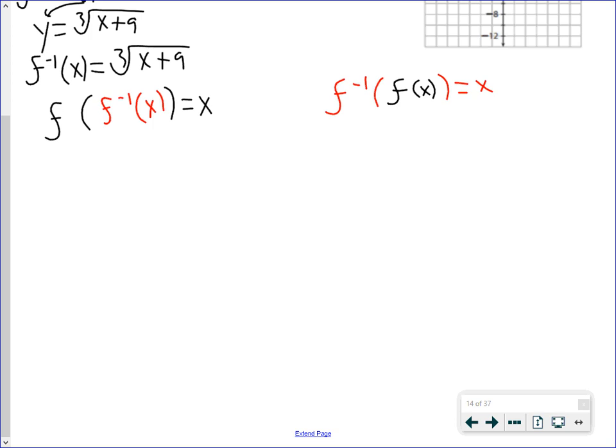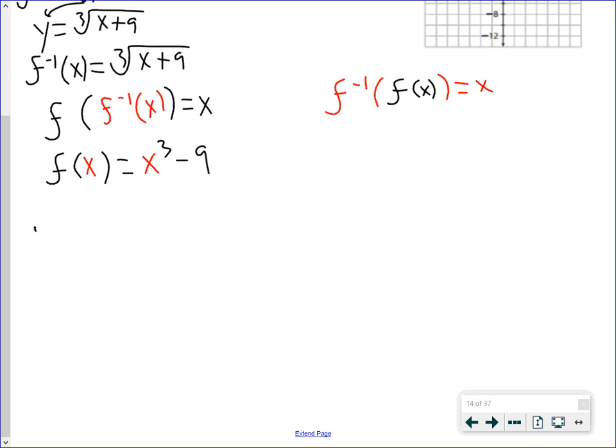So for the first one, f of f inverse of x, we're going to write f of x first, so we know what f of x looks like. That's going to be x cubed minus 9.